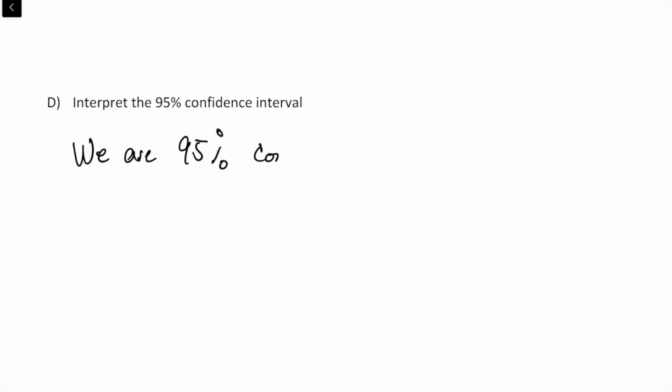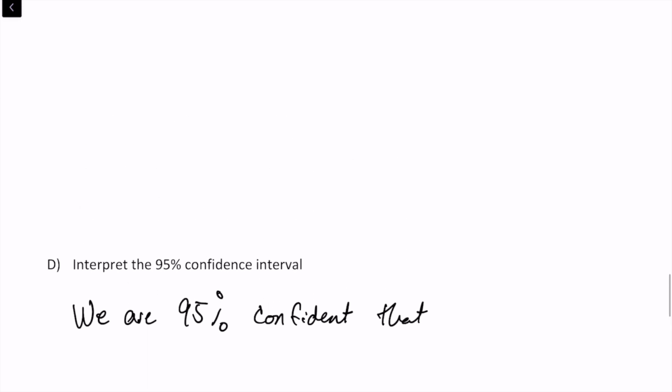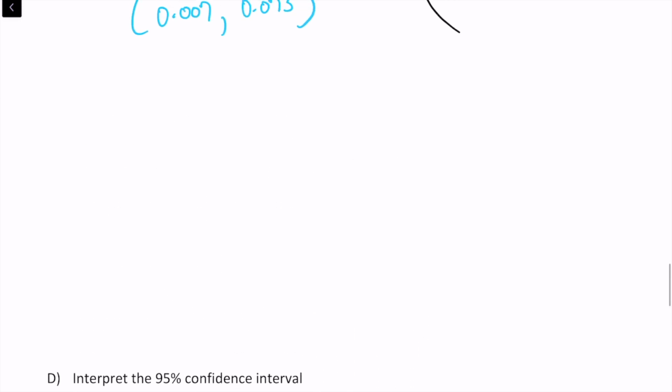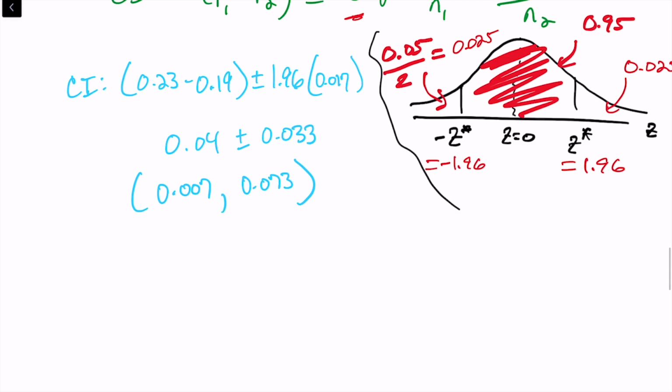We are 95% confident that P1, so what was P1, right? And notice all of these are positive, so that means that P1 is higher than P2.